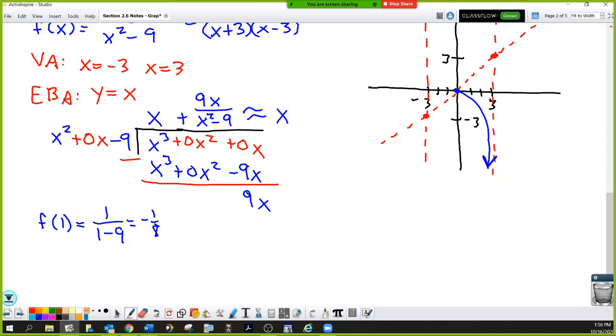Let's see what happens as we move to the left. Let's plug in negative 1. The top is x to the third, so it's negative 1. But the bottom's x squared, so it's still 1 minus 9. That gives me negative 1 over negative 8, which is positive 1/8. Again, I'm not going to try to plot this. The point is, as I move to the left, and remember, I'm going to have to get close to that asymptote, I end up with positive y values.